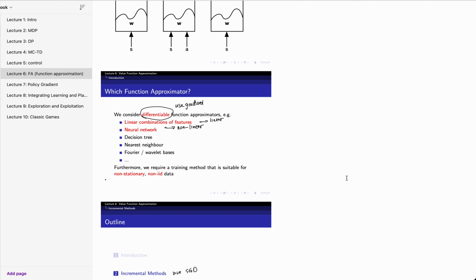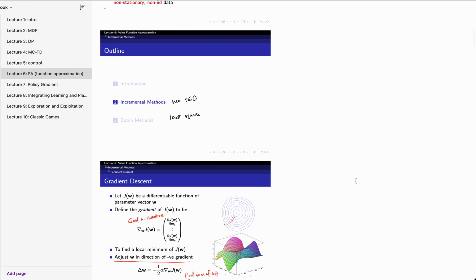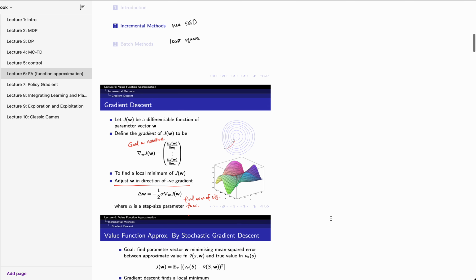The most naive way to update this would be using a differentiable function such as a neural network. It's differentiable, so you use gradient descent to update it. The following lectures explain incremental methods using stochastic gradient and a batch method, where you're just taking the least squares of all the batches.